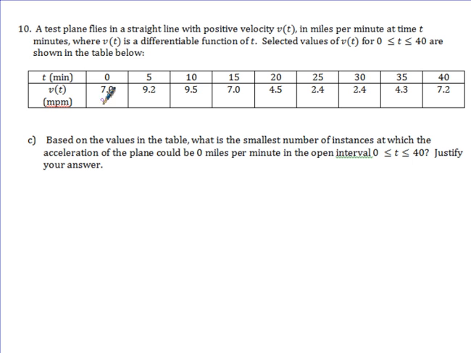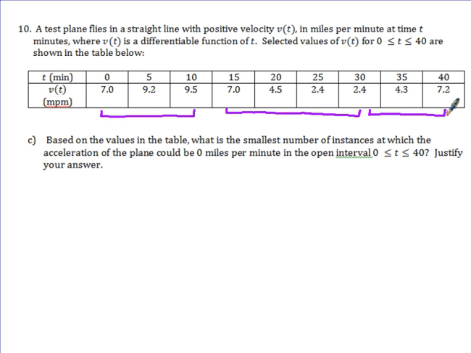If you notice from 0 to 10, on this whole interval, it seems that our velocity is increasing, and then somewhere between 10 and 15, it starts decreasing. And it decreases all the way until time 30, and then at that point, we seem to be increasing again.